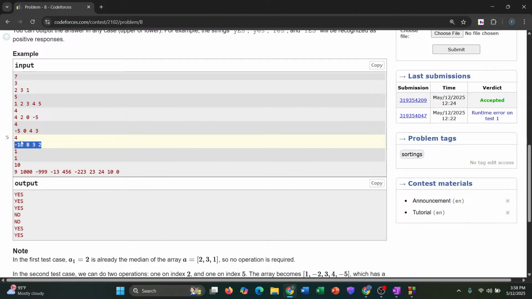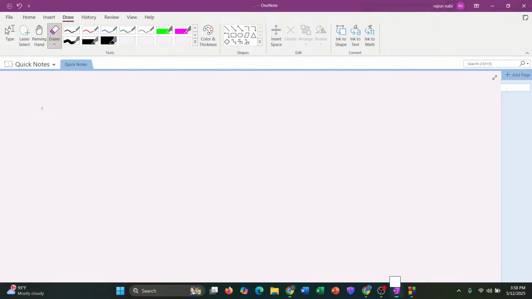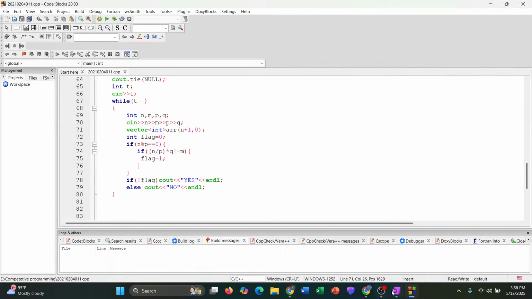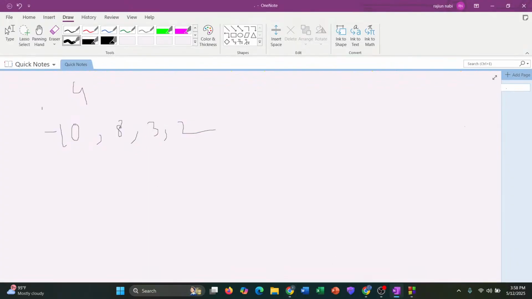Let me pick this one. So it is 4, then minus 10, 8, 3, 2. The size of the array is 4. The array is minus 10, 8, 3, 2. So what I have to do is make minus 10 equal to the median of the array.